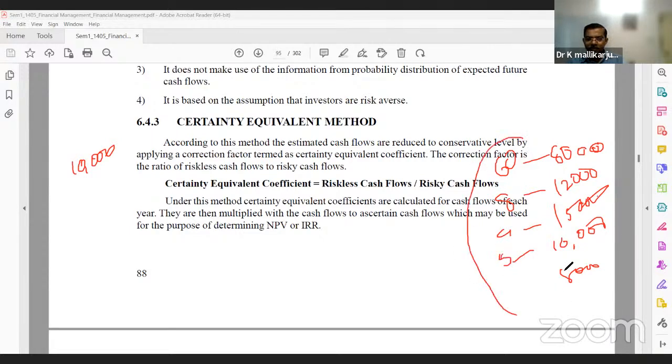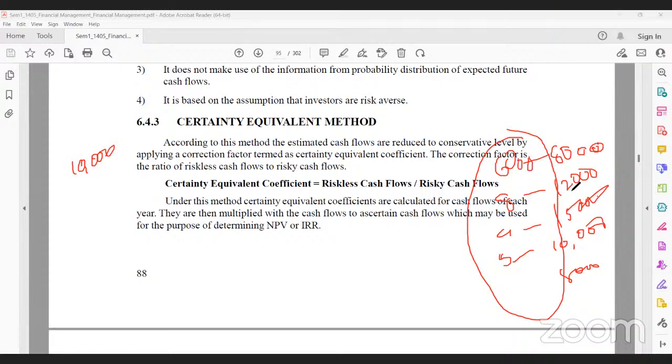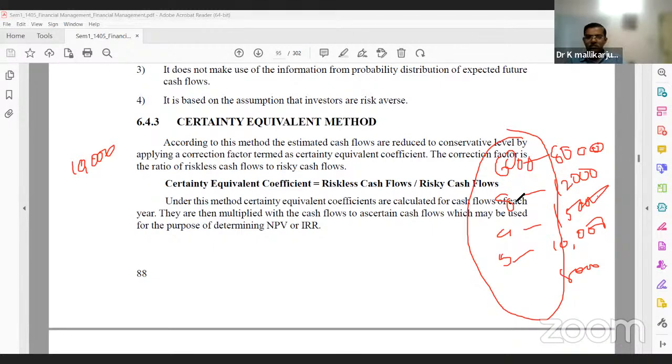So these are the certainty equivalents. Suppose we are not getting 8,000, at least we will get 6,000. If we are not getting 12,000, at least we will get 8,000.